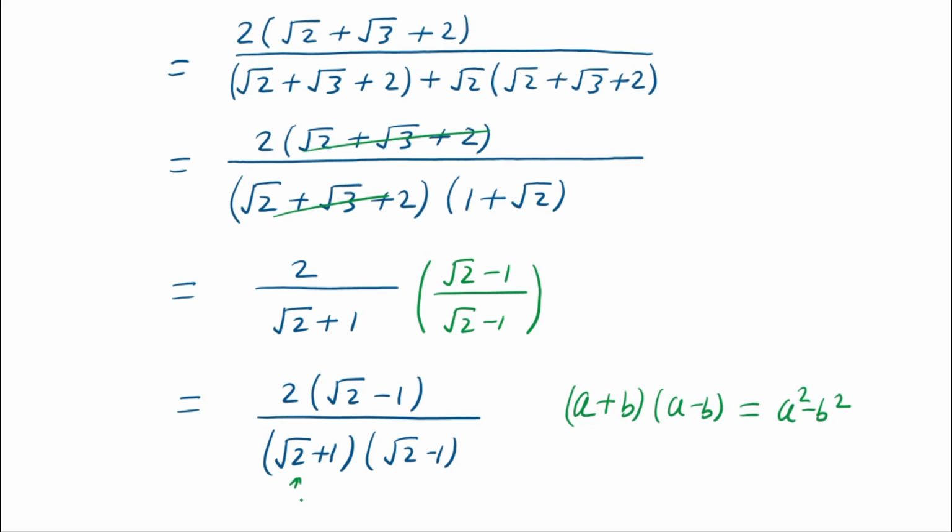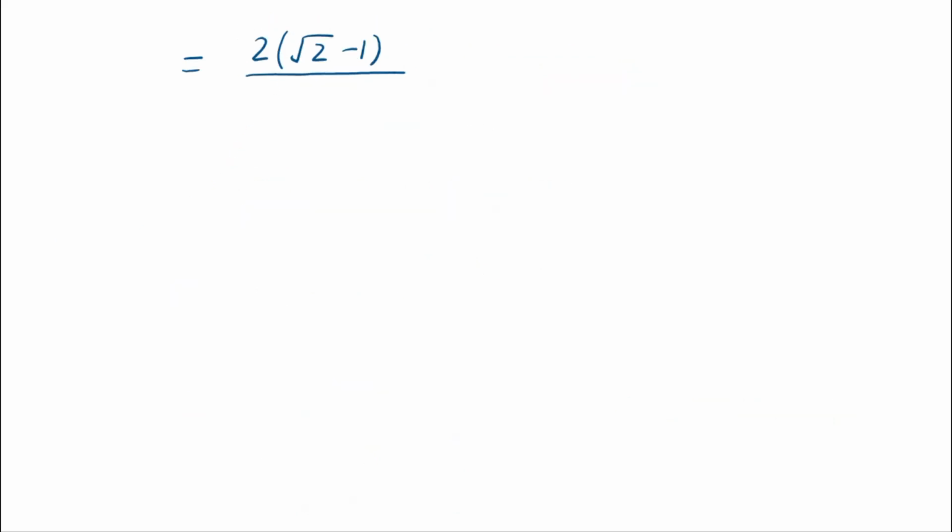This square root of 2 behaves like a, and this one behaves like b. So this expression looks like a plus b times a minus b, which equals a squared minus b squared. So in the denominator we can write square root of 2 squared minus 1 squared.